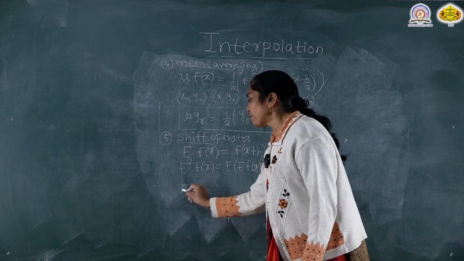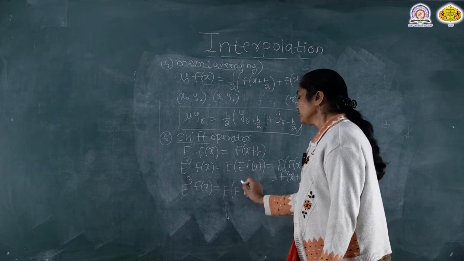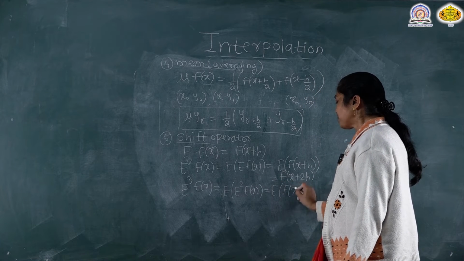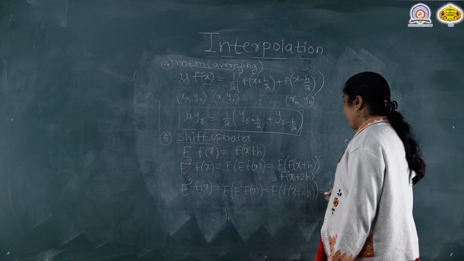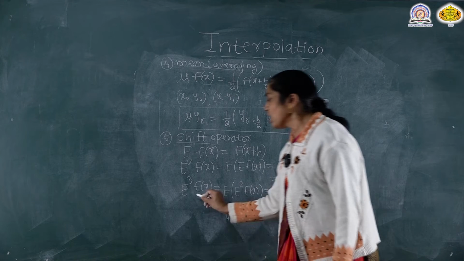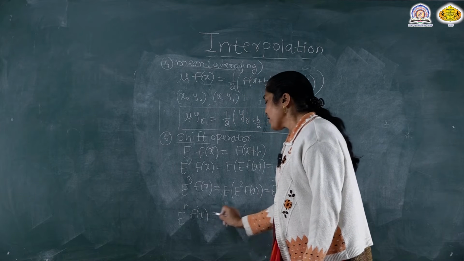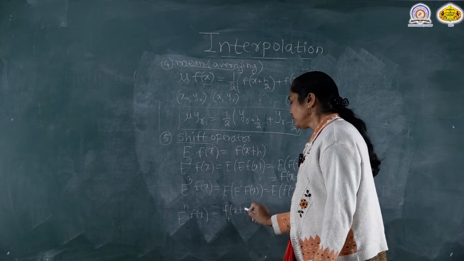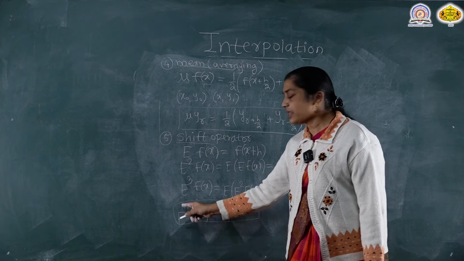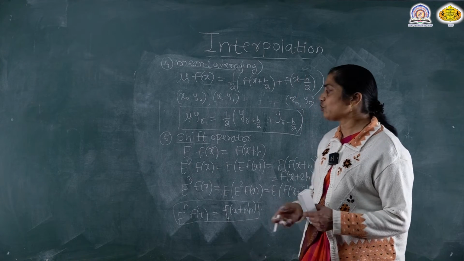If you find E cube of f(x), it will become E of E square f(x). But we know that E square f(x) is f(x + 2h), so it is E of f(x + 2h) and it comes to be f(x + 3h). Generalizing the result, E raised to n of f(x) is nothing but f(x + nh). So this is the standard formula for finding E raised to n f(x). This E is nothing but the shift operator.